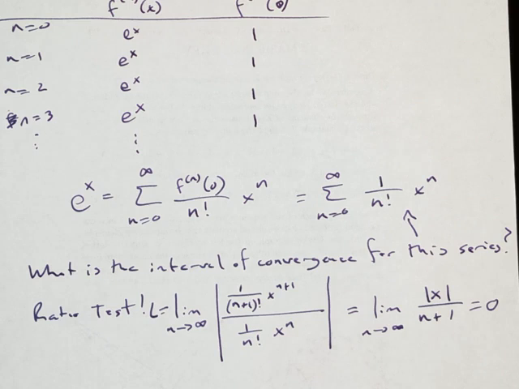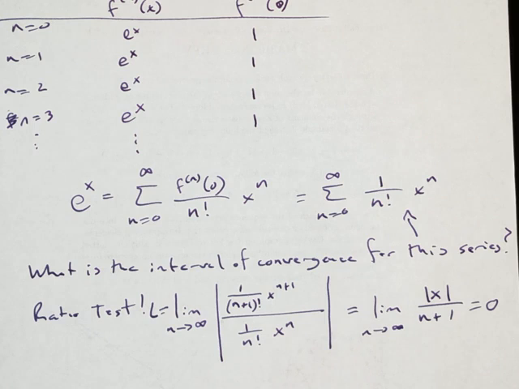What's that mean about my radius and interval of convergence? Because for every value of x, L is less than 1. Where L is less than 1, my series converges absolutely.